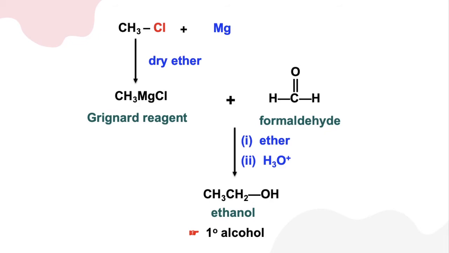Note that the carbon attached to the hydroxyl group must be the carbon that was attached to the double bond O. It must be the same carbon. Don't change the position of the hydroxyl group.